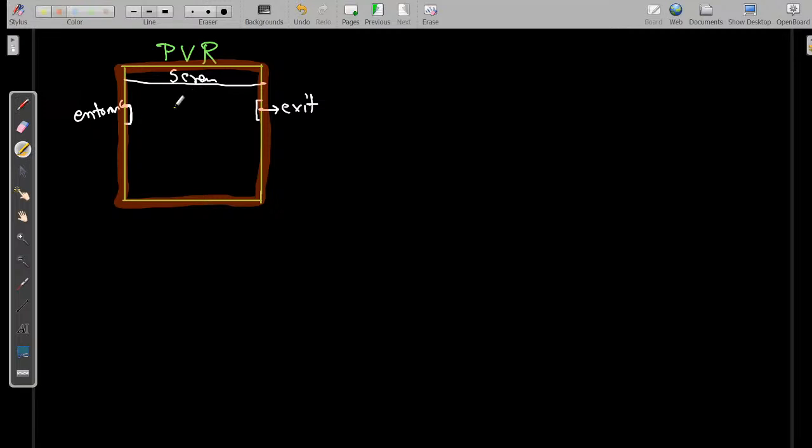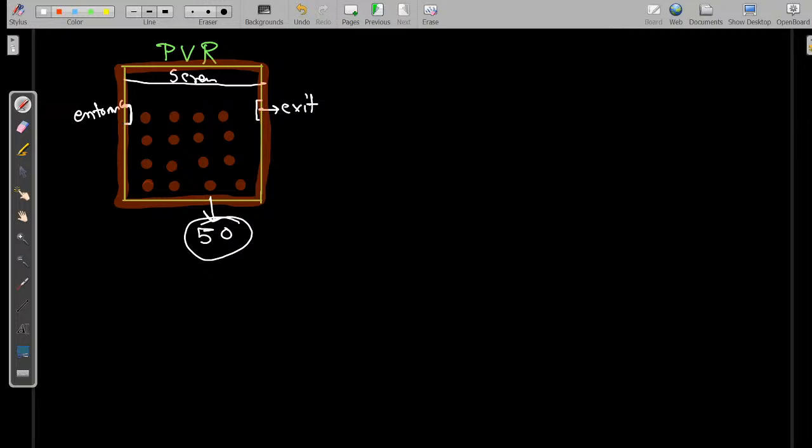Then there will be a number of people sitting inside the system. It is a PVR, so obviously some people will be there. Let us say at a particular time some people are inside that hall. Now let us say the people inside are 50.